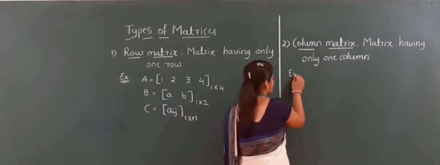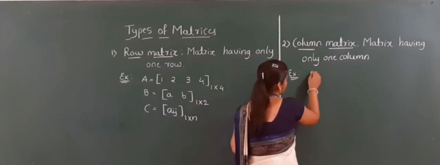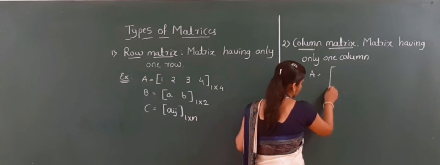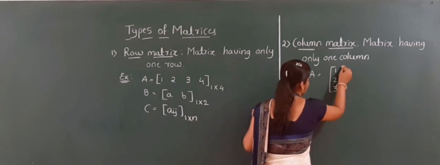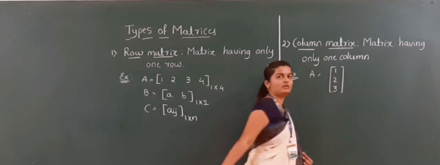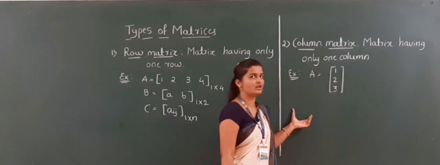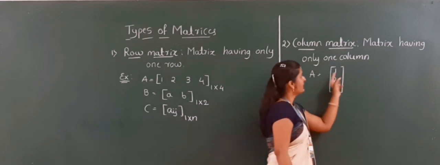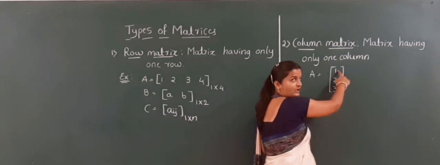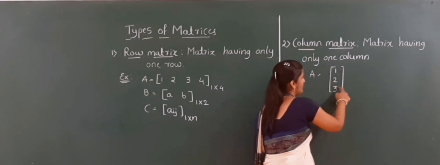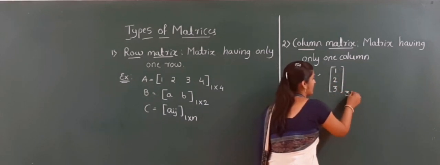With an example, we can say A is 1, 2, 3. I have written one matrix. So check whether this is a column matrix or not. So see here, here I will write the order of the matrix. First you have to write the number of rows: 1, 2, 3, total 3 rows.